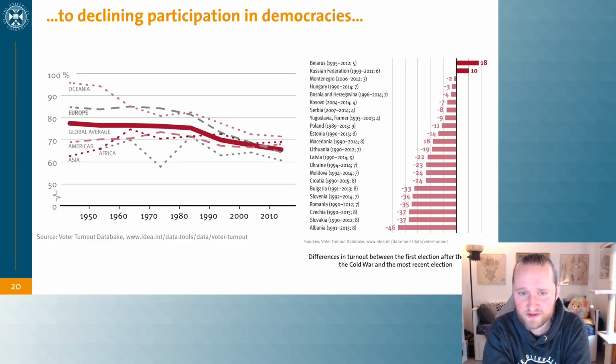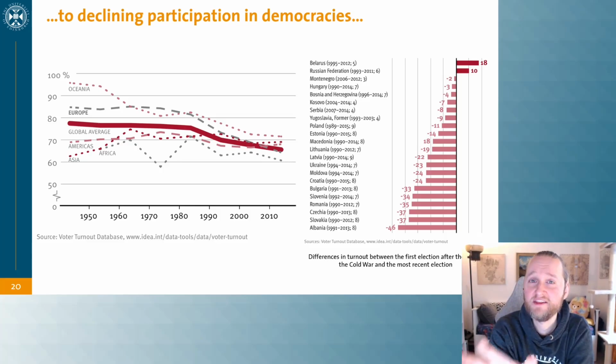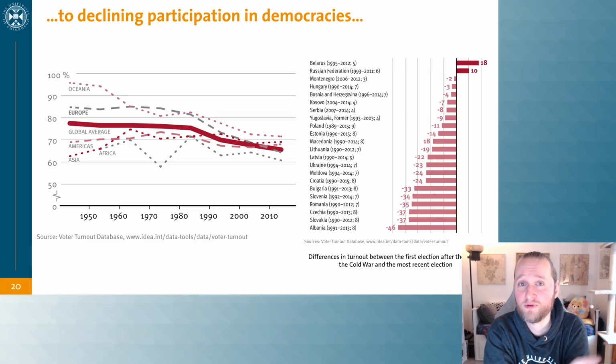So if you look at the world on average, you see here, if we start in the 1950s and we draw this all the way until today, I think the end point here is 2015, you can see that the voter turnout, so the percentage of people that turn out for their elections, has pretty much gone down in a uniform fashion over the past 60 years or so.